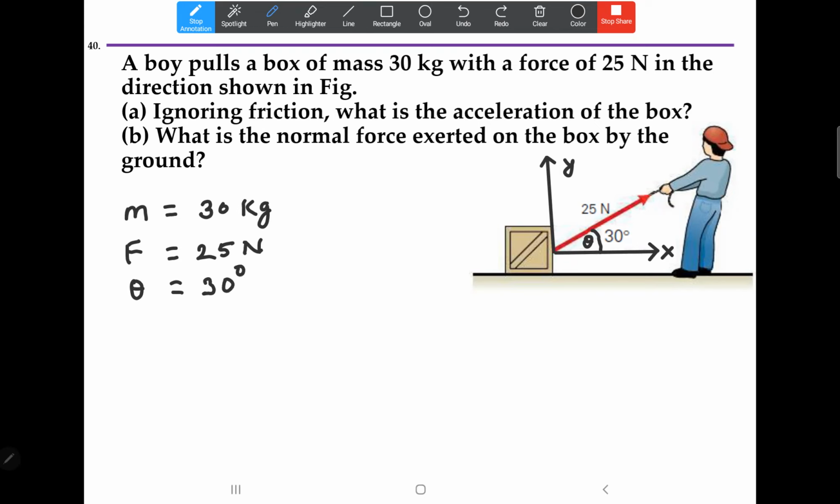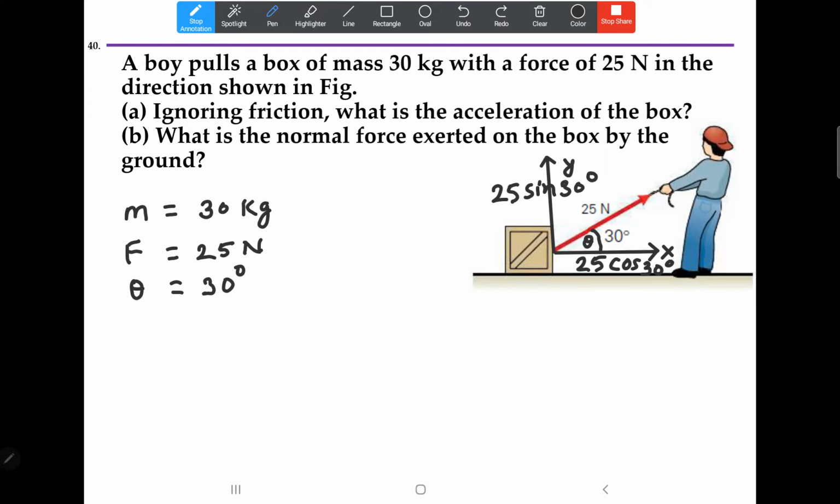We know how to split a vector into its components. So the x component is F cos theta, right? I can write down 25 cos 30 degrees, and the y component is F sin theta, so 25 sin 30 degrees.